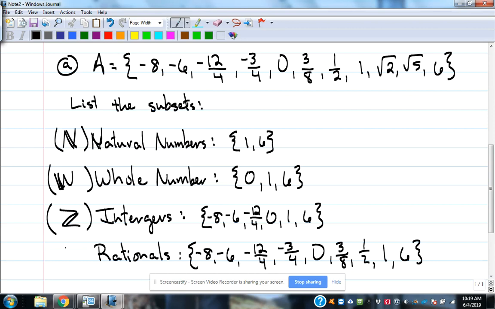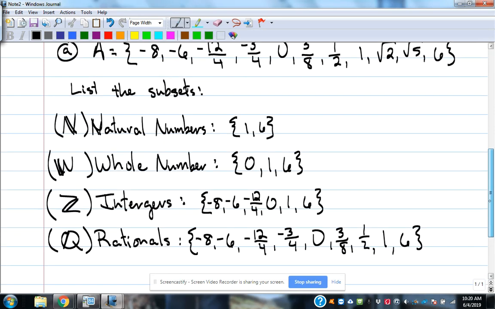The notation for a rational number is a capital Q, and they put a little line diagonally through it, just to notate that it's a special Q. I do know the reason for Q on this one: rationals are quotients, and quotient starts with Q. Quotient is the word we use for an answer to a division problem, and rationals are fractions, which are division problems. That's the reason for the Q.